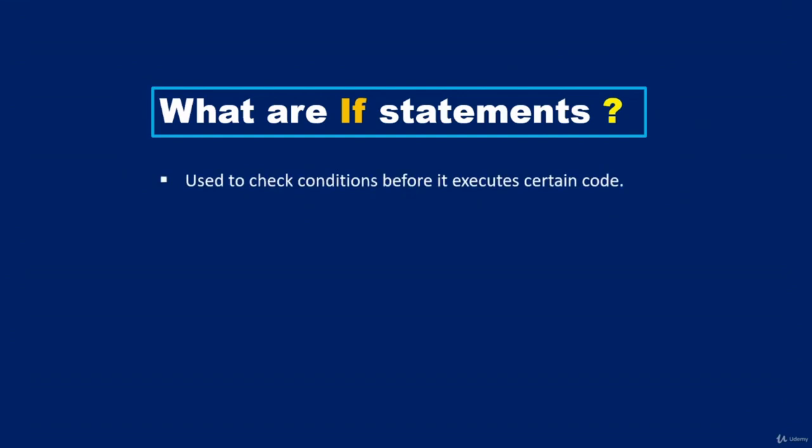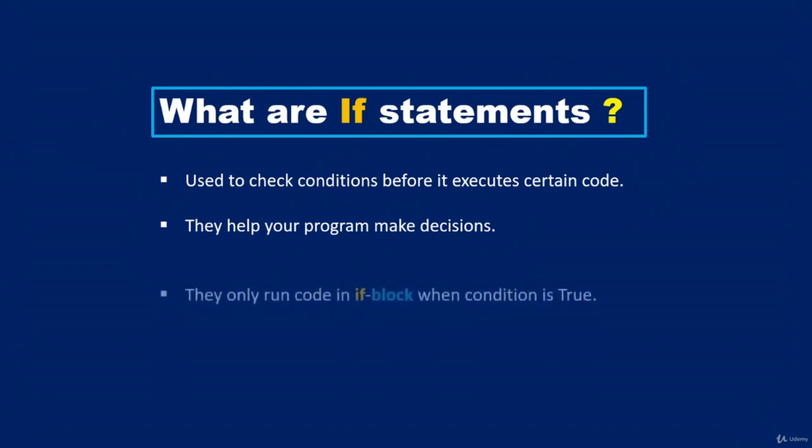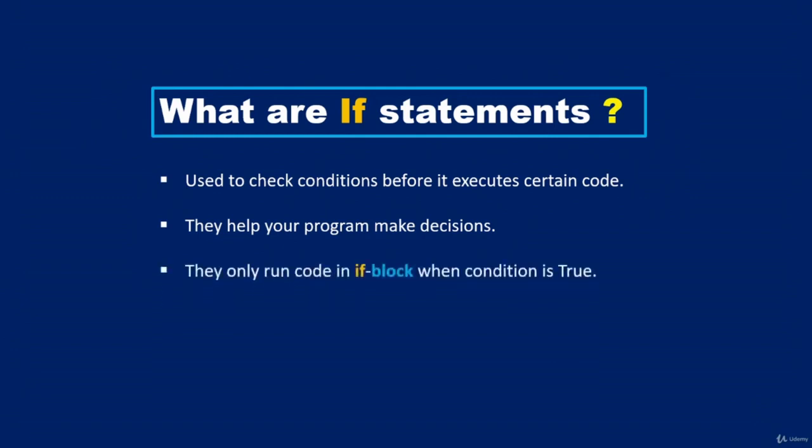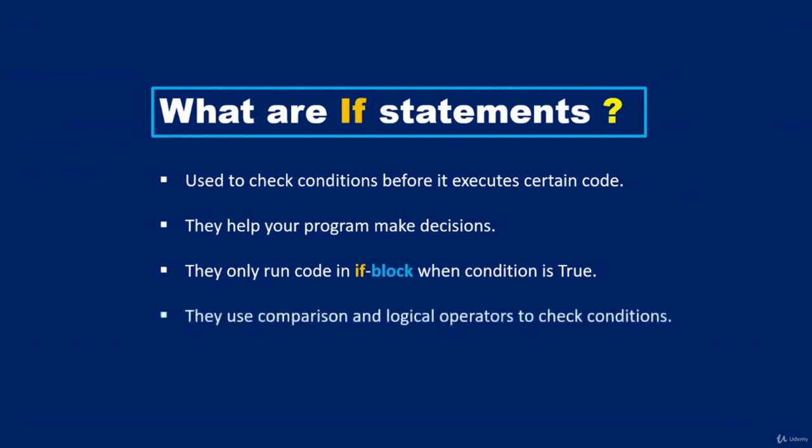They help your programs make smarter decisions, and they will only run the code inside the if block when the condition evaluates to true. If statements use comparison and logical operators to check whether conditions are true or false.